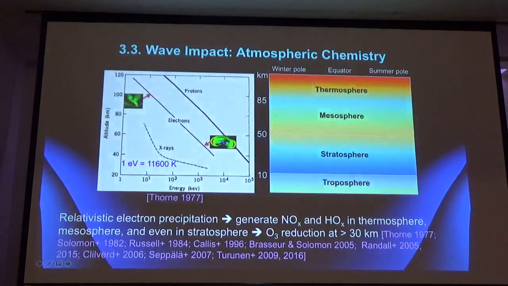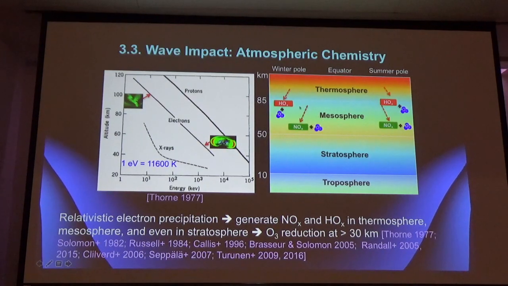Okay, and then let's move on to the third, wave impact on the atmospheric chemistry. As I mentioned before, the particles trapped in the magnetosphere can precipitate into the upper atmosphere, and those relativistic electrons can precipitate all the way to the thermosphere and mesosphere, and create hydrogen and nitric oxides, which can further react with the neutral atmosphere to reduce the ozone concentration through a chain of chemical processes.